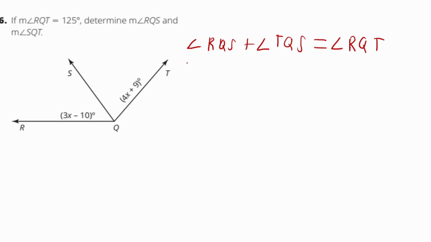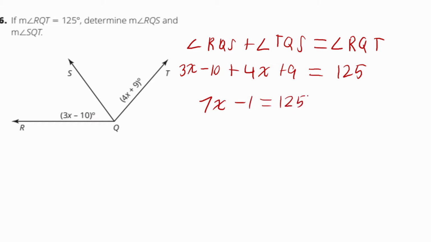So RQS is equal to 3x minus 10 plus TQS, which is 4x plus 9. And RQT, we know, is 125. Combine like terms, it's going to give me 7x minus 1 is equal to 125.